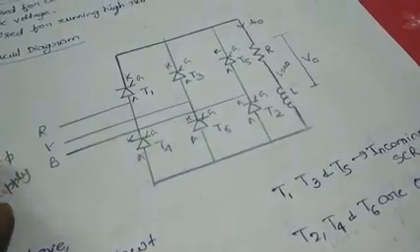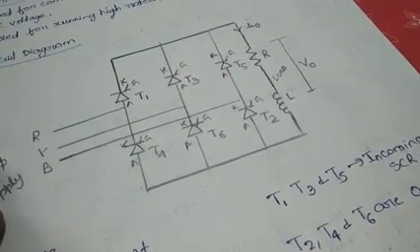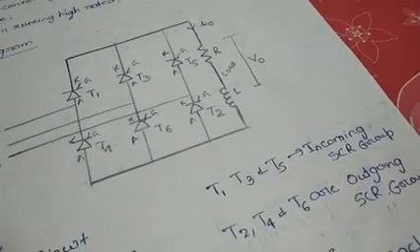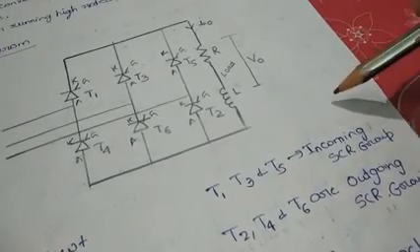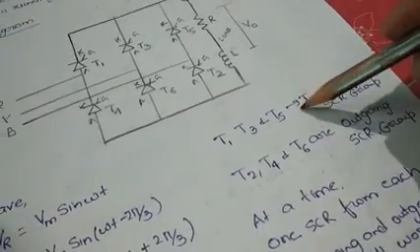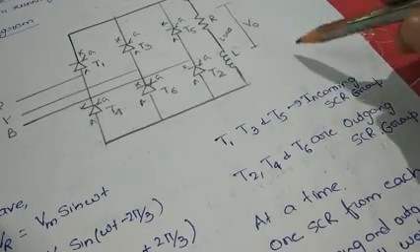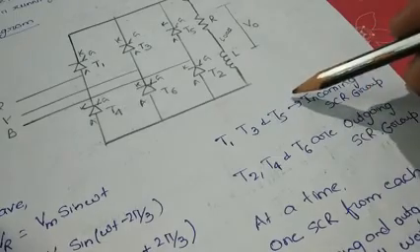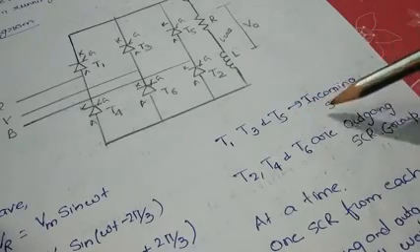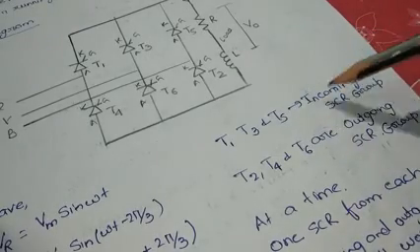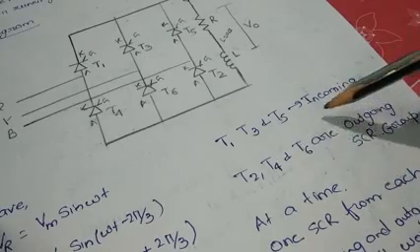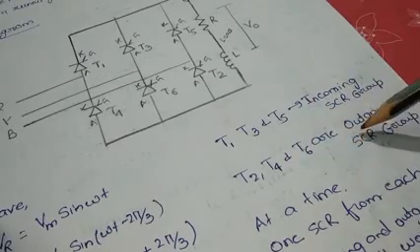In this circuit, we are using 6 thyristors. Three thyristors T1, T3 and T5 are the incoming SCRs, and T2, T4 and T6 are the outgoing SCRs. T1, T3 and T5 form the positive group SCR, and T2, T4 and T6 form the negative group SCR.